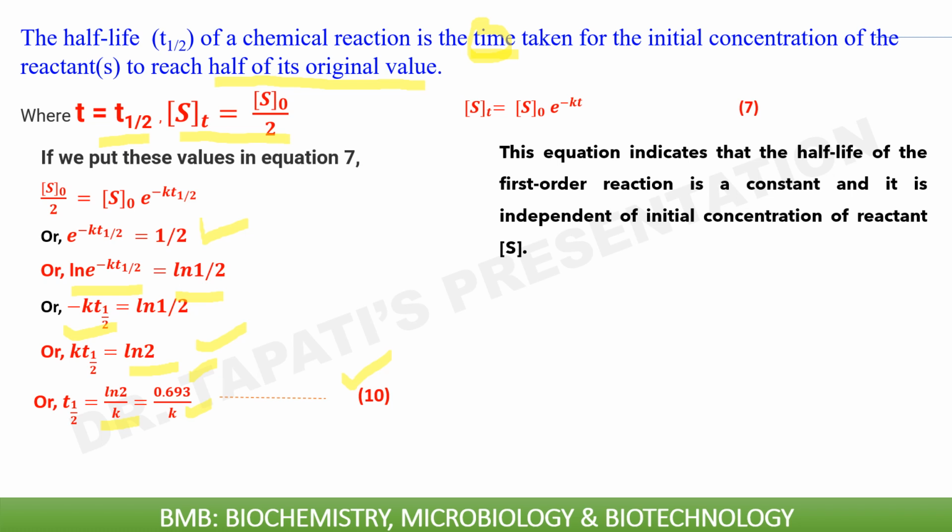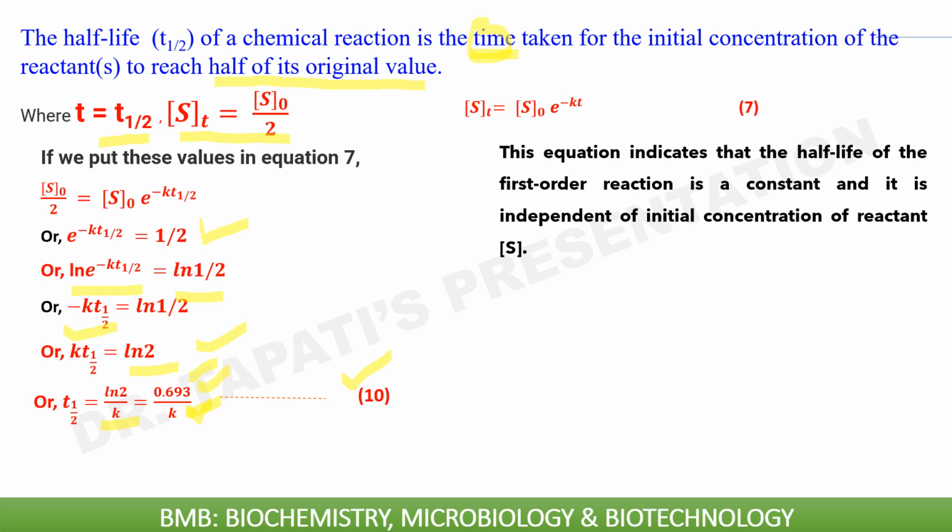This equation indicates that the half-life of the first order reaction is a constant, because this number is constant and k is also the rate constant. So t half value is constant.